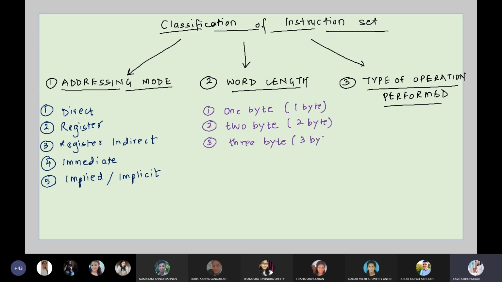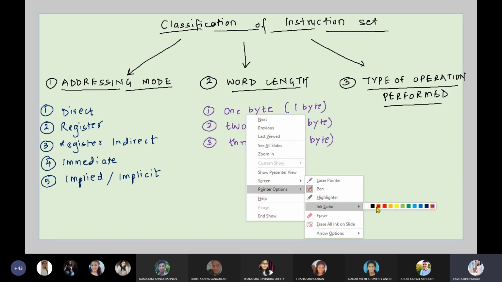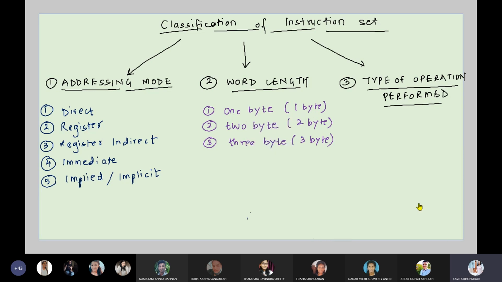And the last type is the type of operation being performed. So here again we have 5 different types of operations. The first in this is data transfer operations.